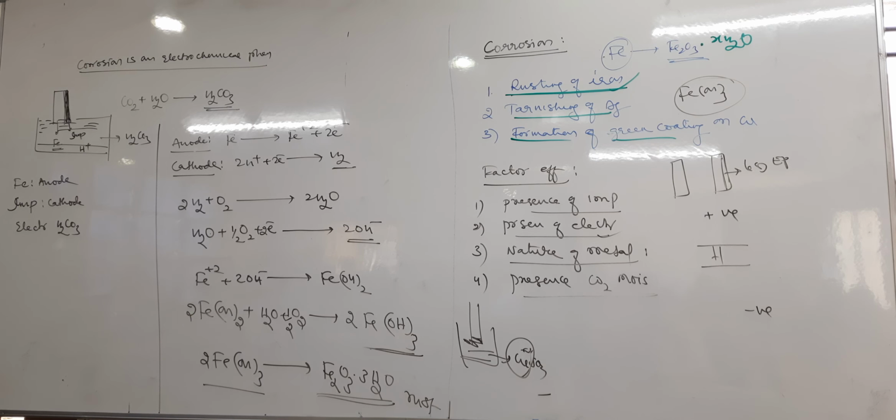See, electroplating is a general phenomenon, because tinning is electroplating and galvanization is also electroplating. In galvanization, zinc is coated on iron. In tinning, tin is coated on iron. So both come under electroplating.